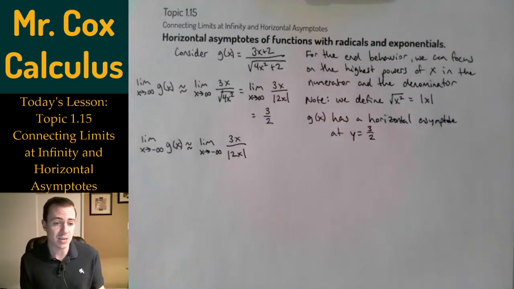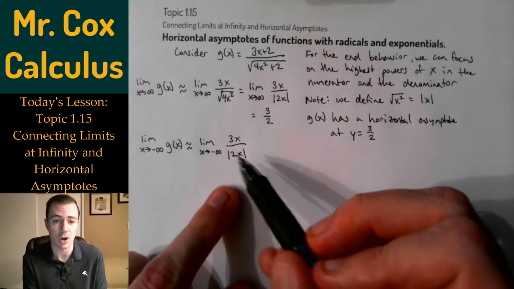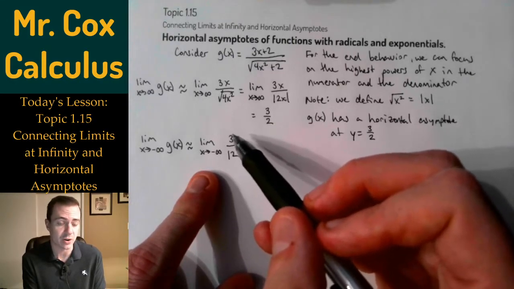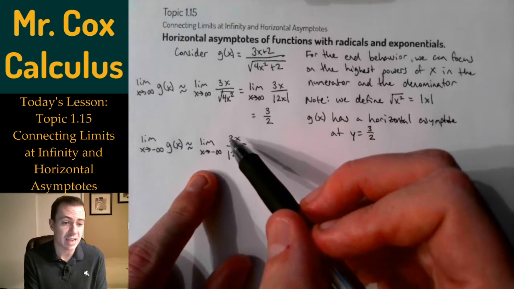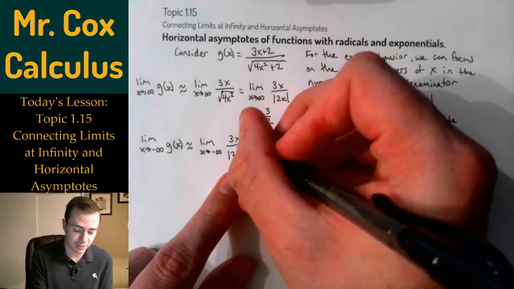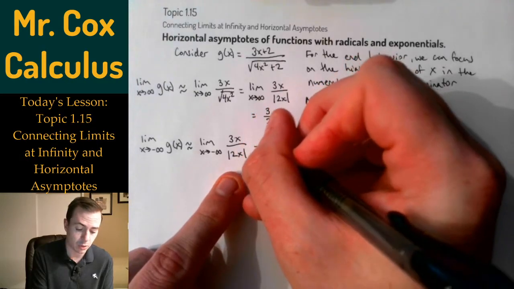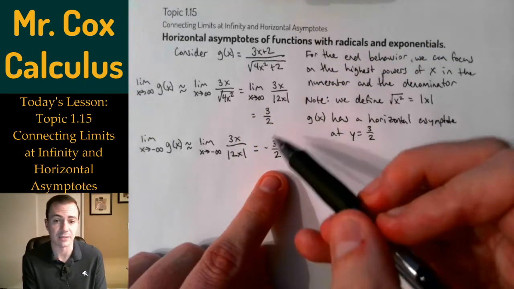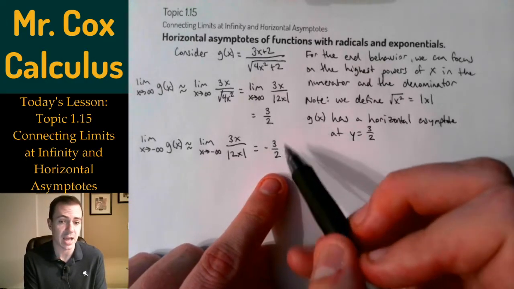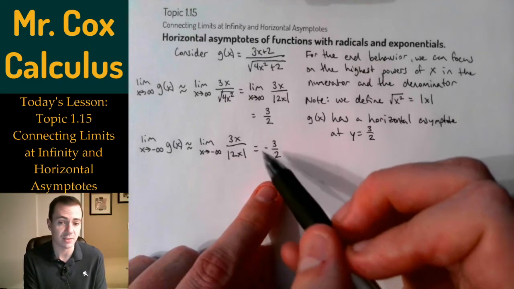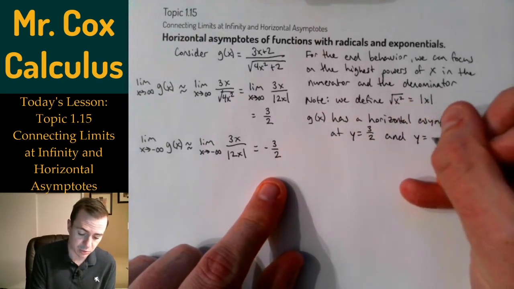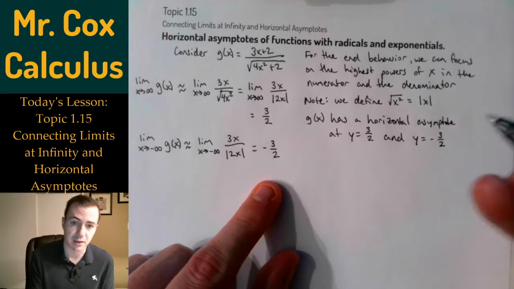And again, I'm going to get this behavior where my x's divide off, except now that I'm going towards negative infinity, this numerator is going to be approaching negative values, the denominator being forced positive. This right here is actually going to equal negative 3/2. And so I get a horizontal asymptote as I go out to infinity of 3/2, but as I go towards negative infinity, I have a horizontal asymptote of y equals negative 3/2.